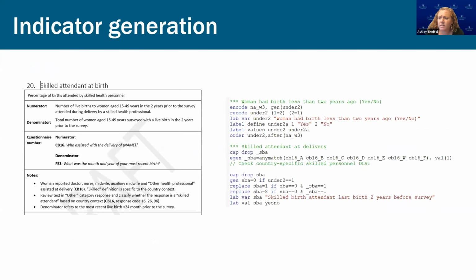We have a detailed definition for the numerator and the denominator. And then it also tells us what question numbers specifically from the radar questionnaire are contributing to the numerator and the denominator. For the numerator, we can see it's CB16 and the denominator is FE3. And then we have some detailed notes about who counts and how the numerator and denominator are specifically defined.